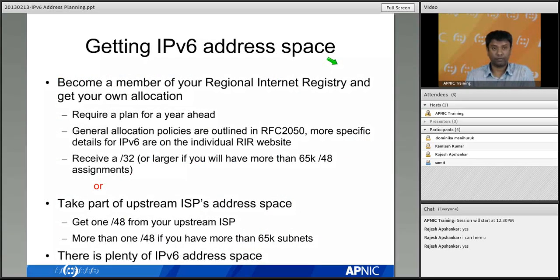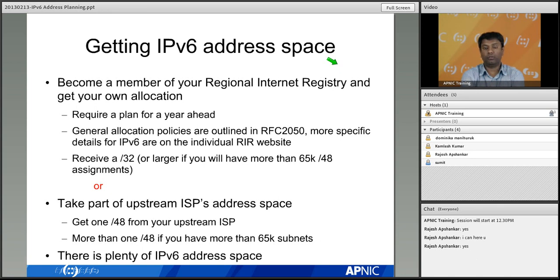Okay. When you need to get address from any of the registries, the first thing you need to do is to be a member of the registry. When you become a member of the registry, then you request for address. When you request for address, all the registries require a plan from you, and that plan is obviously based on 1 year requirement, right?